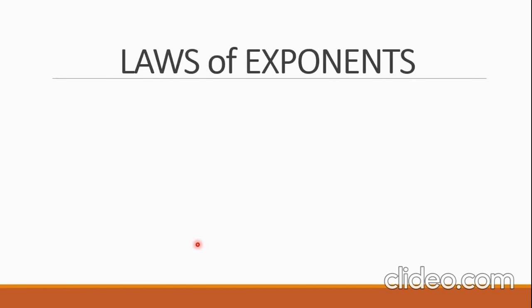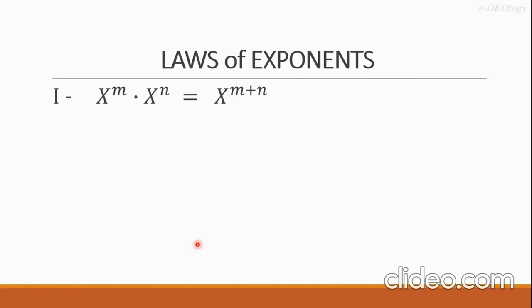Now let us go to the laws of exponents. Let us begin with the first one. The first law says we're going to multiply exponents with the same base. So in this case, we're going to add the exponents and we copy that same base. x raised to m times x raised to n equals x raised to the sum of m and n.